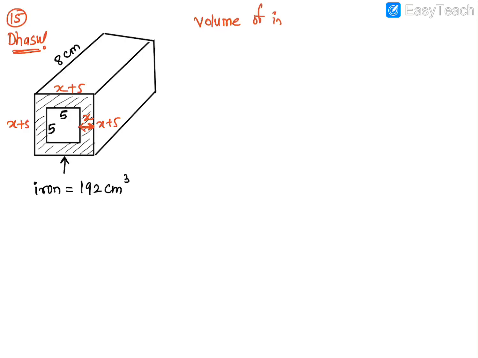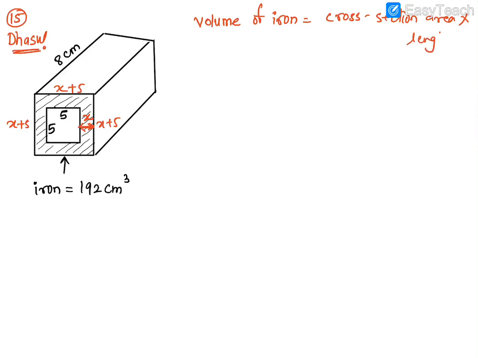Volume of material, out here it is iron, is equal to cross sectional area into the length or the height.